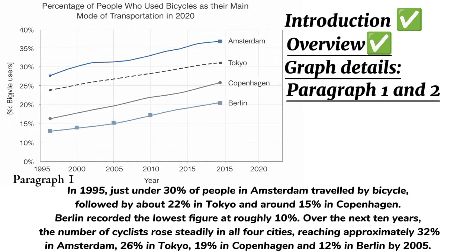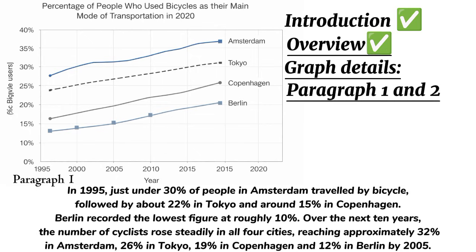This line is perfect, complex, and has enough data. The second sentence is, over the next 10 years, the number of cyclists rose steadily in all four cities, reaching approximately 32% in Amsterdam, 26% in Tokyo, 19% in Copenhagen, and 12% in Berlin by 2005.